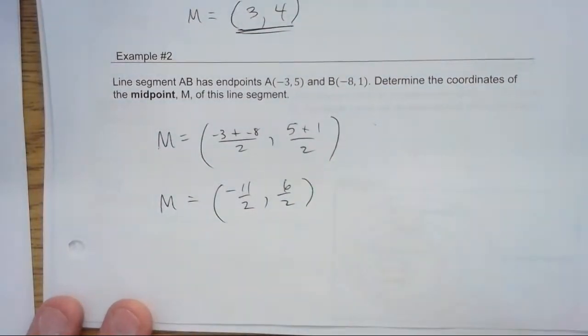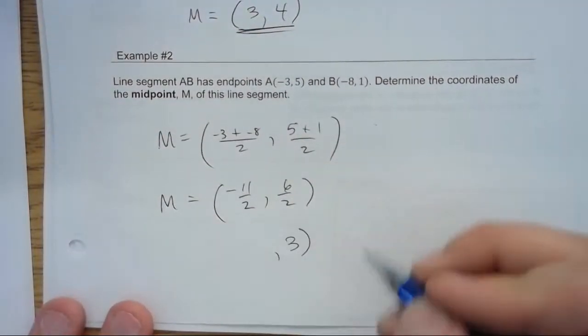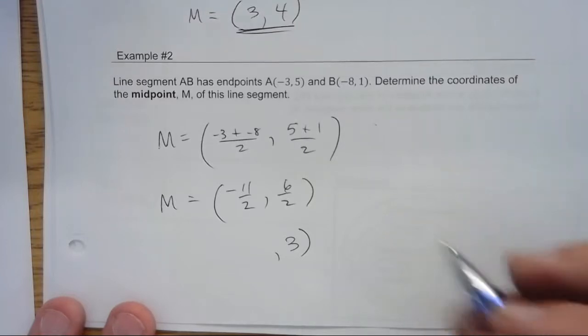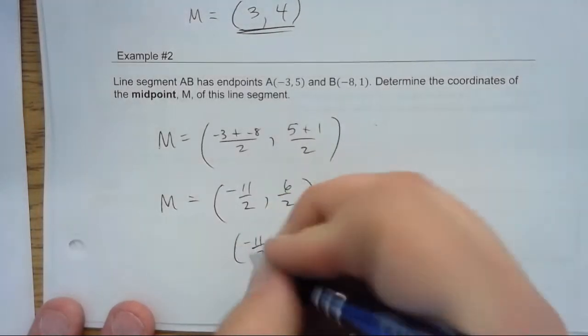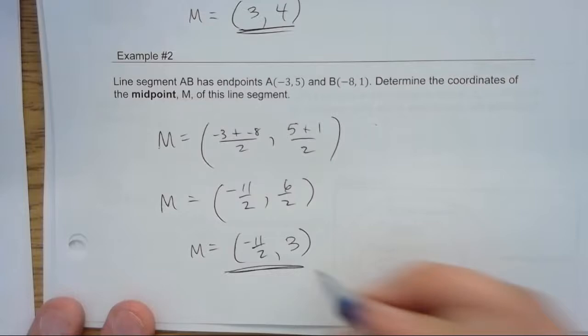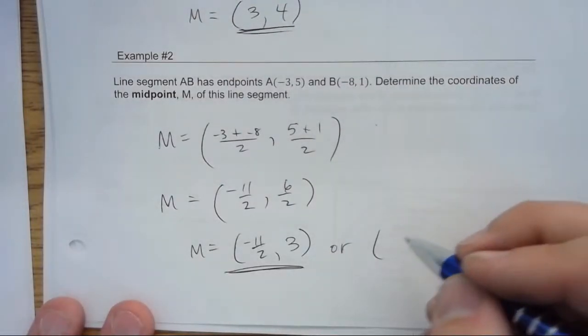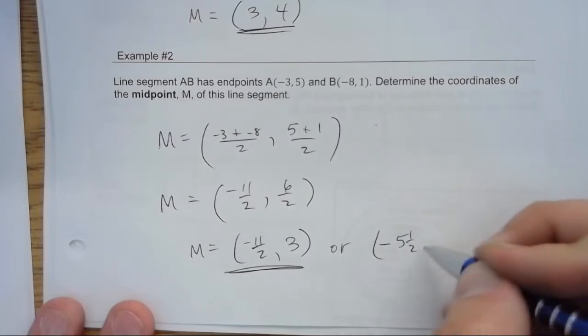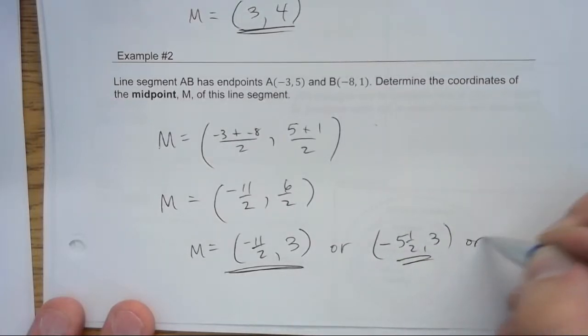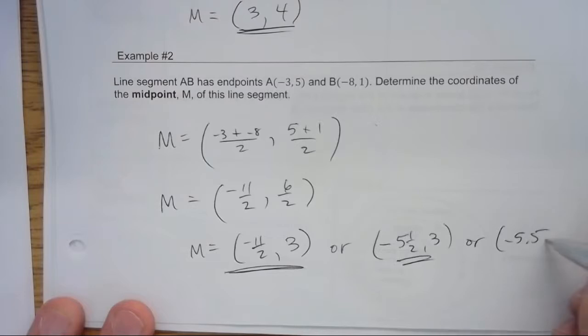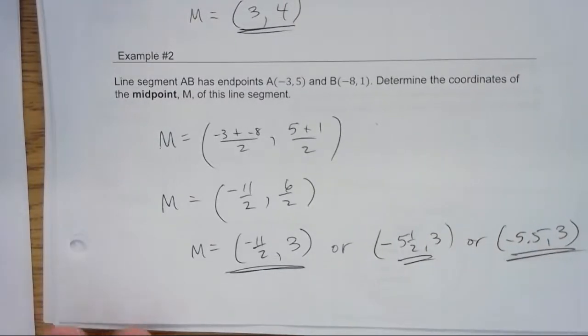And there you go. 6 over 2, no problem. That makes a 3. But what can I do with 11 over 2? Well, I'm just going to leave it as 11 over 2. I like improper fractions that are simplified as the best answer. If you prefer, you could make it a mixed number, or I guess you could even make it a decimal. -5.5, comma 3. All the same.